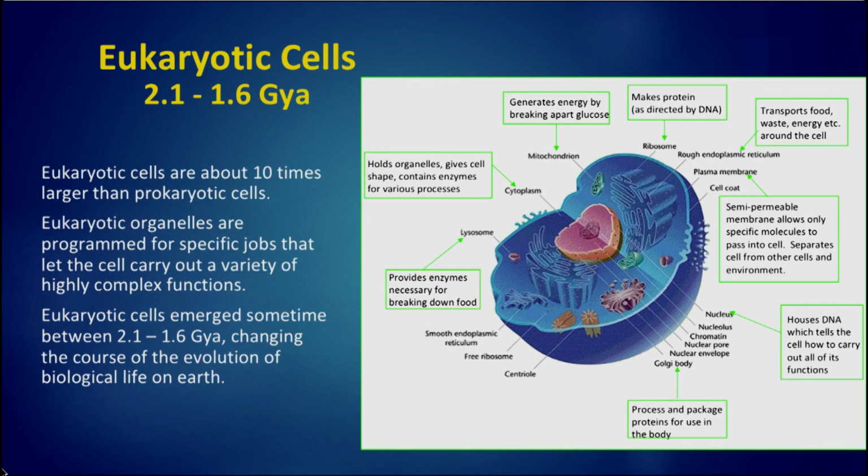Eukaryotic cells emerged sometime between 2.1 and 1.6 billion years ago, and they fundamentally changed the evolution of biological life on the Earth, allowing much greater differentiation of function, much greater specificity of adaptation to the environment, and much greater complexity of the still small living organisms.